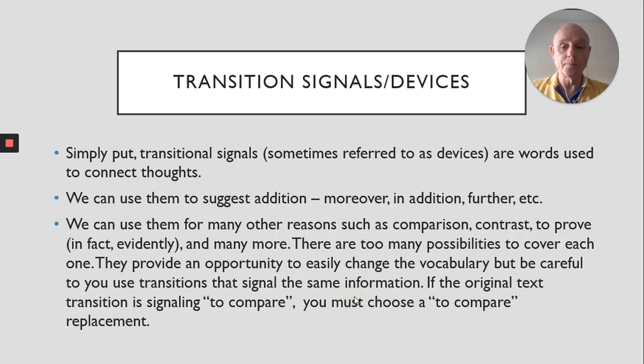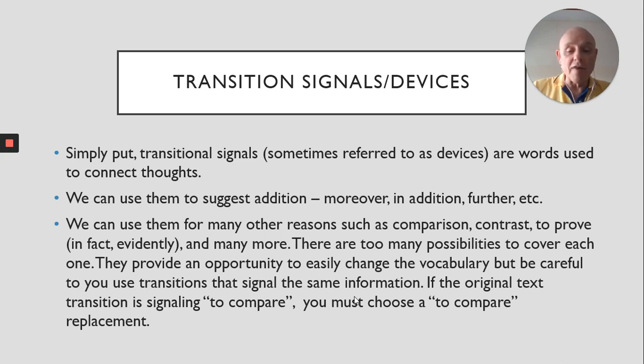Transition signals. Simply put, transition signals, sometimes referred to as devices, are words used to connect thoughts. We can use them to suggest addition. So, moreover, a really common transition signal. In addition, further, these are all signaling addition. We can use them for many other reasons, such as comparison, contrast, to prove.